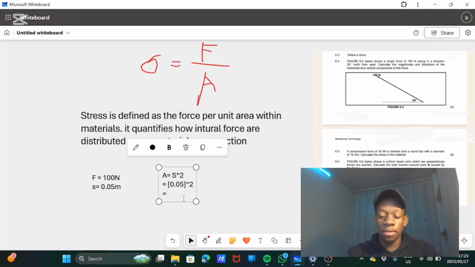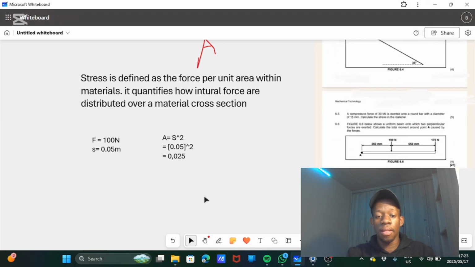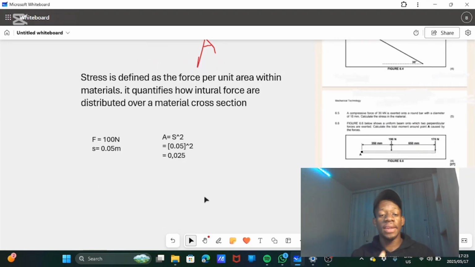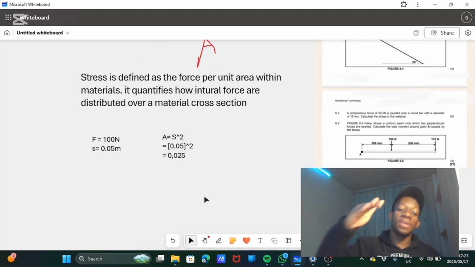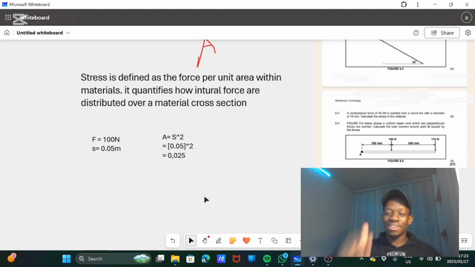It's 0.025. Okay. This is the area of the square.